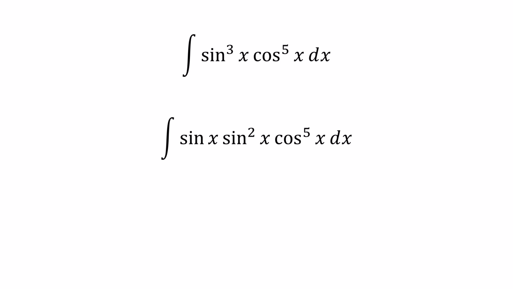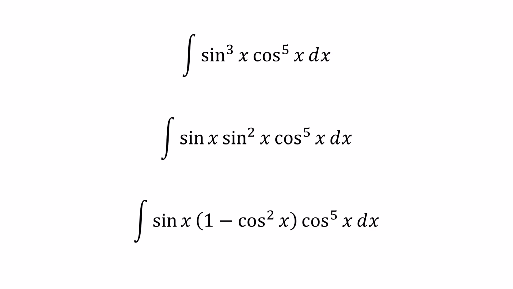Next, we rewrite the remaining sines in terms of cosine using the Pythagorean identity. This gives the integral of sine of x times 1 minus cosine squared of x times cosine to the 5th of x dx.